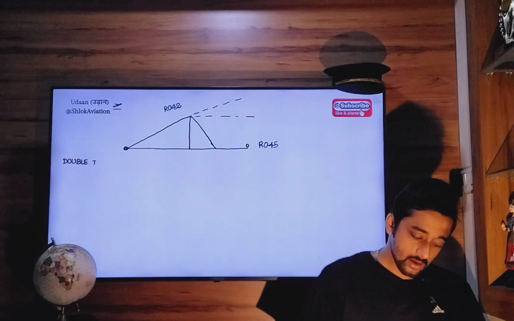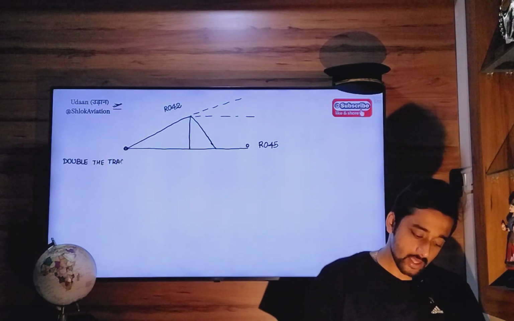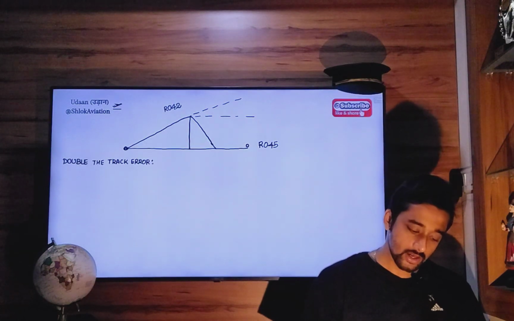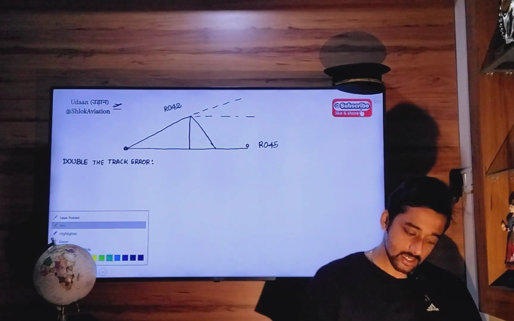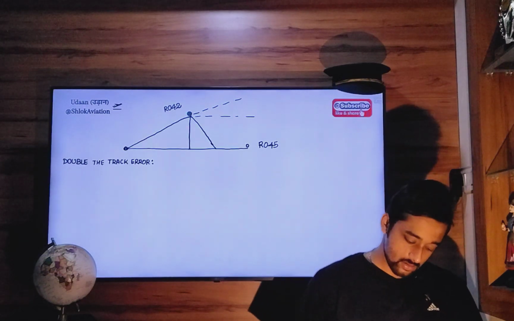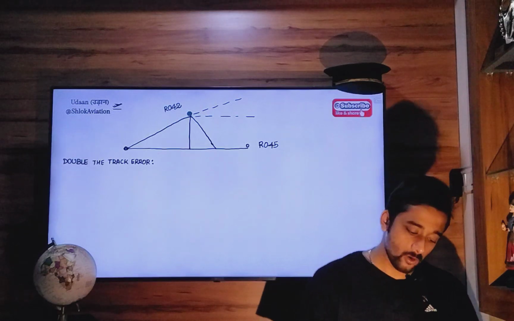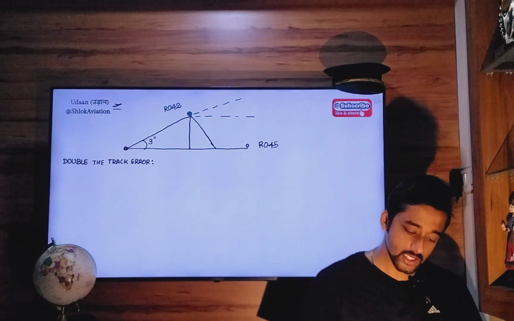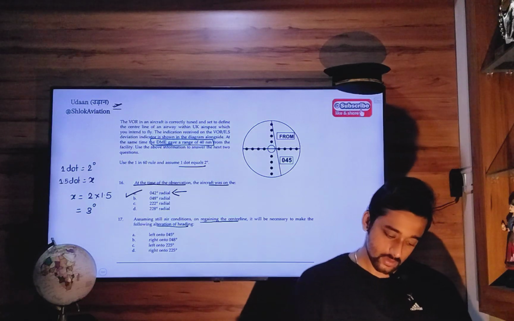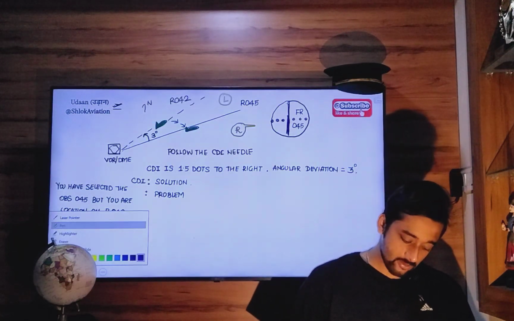Double, because we want to regain our track. Double the track error method that we have learned in the 1 in 60 rule. So currently your aircraft is deviated somewhere here. Radial 045, radial 042, the track error is 3 degrees, 40 nautical miles away.